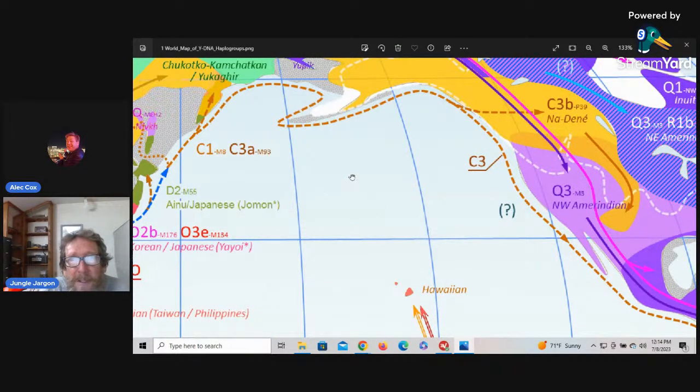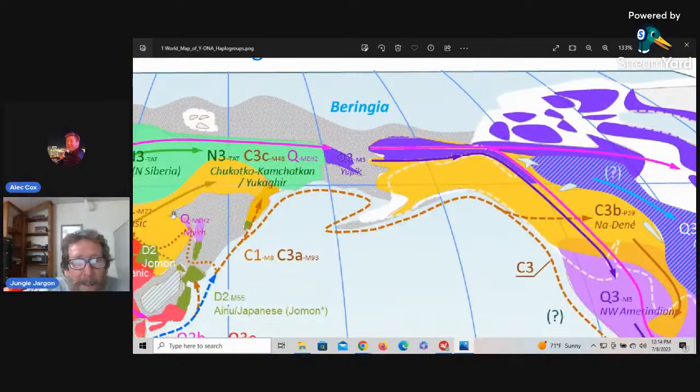But as far as these haplogroups for the paternal lineage, they're linked together. These Q are linked together.